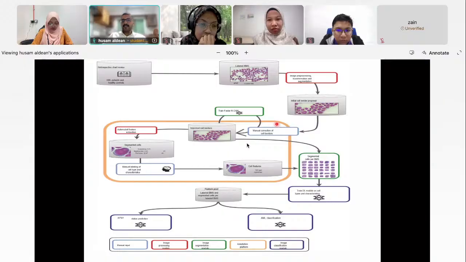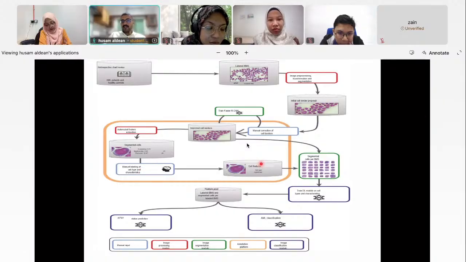We have a human in the loop in this study, because the hematologist does manual correction of cell boundaries for the model. After that, we have feature extraction from the deep learning models, which is CNN, and the manual labeling of cell types and characteristics by the hematologists.